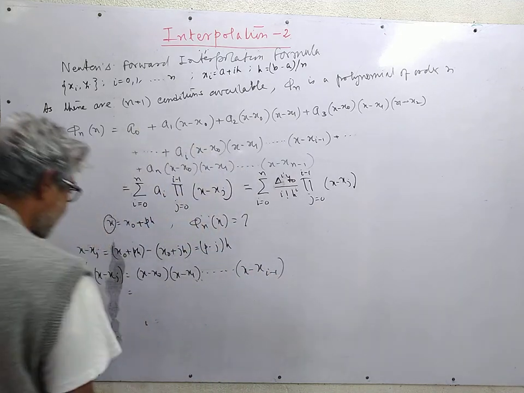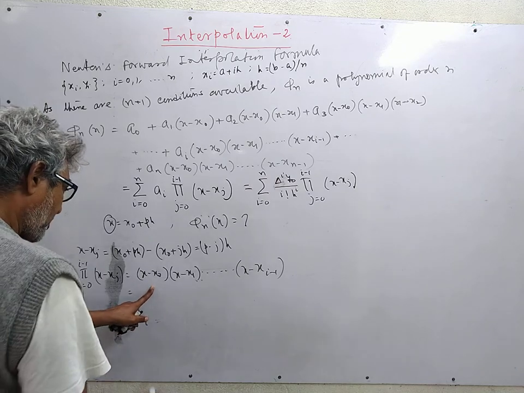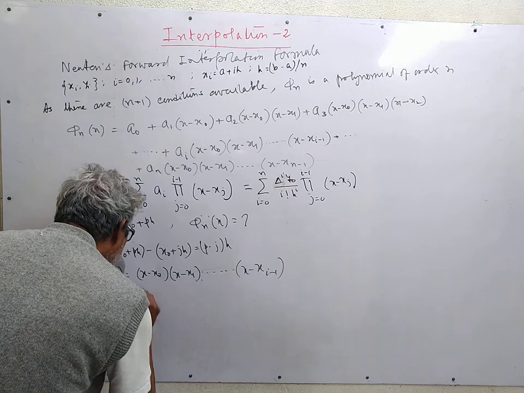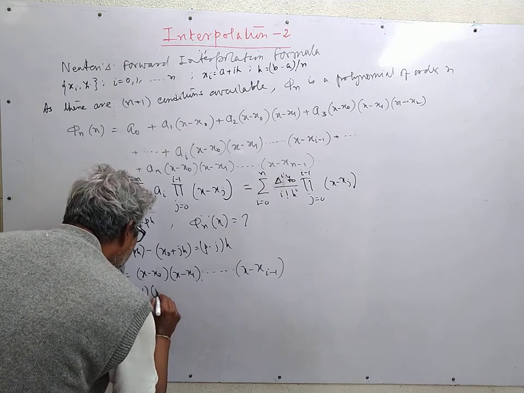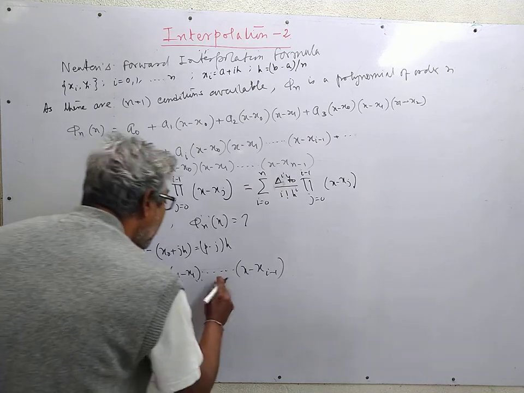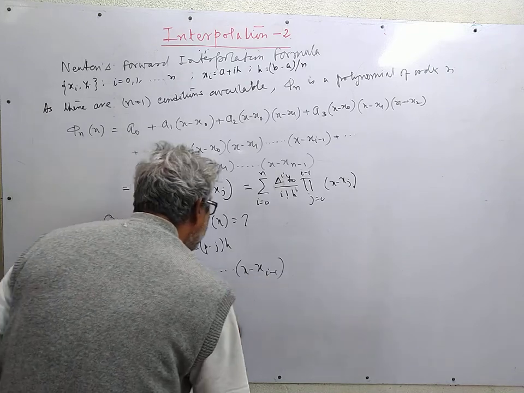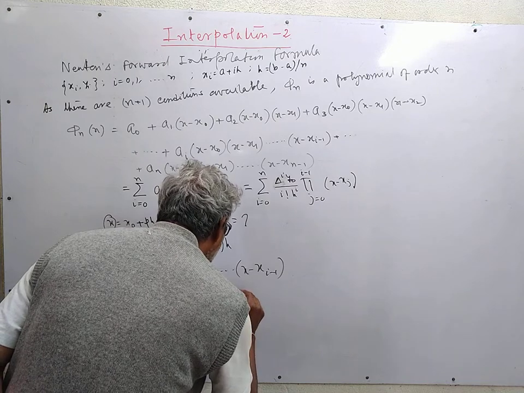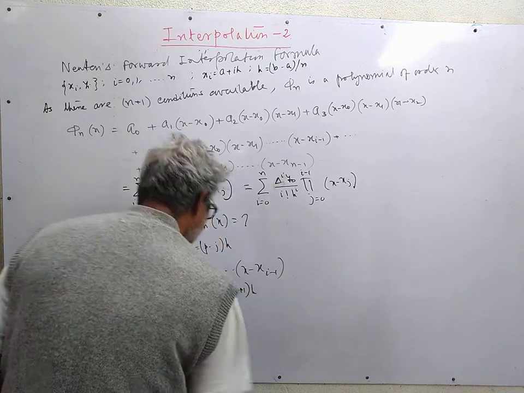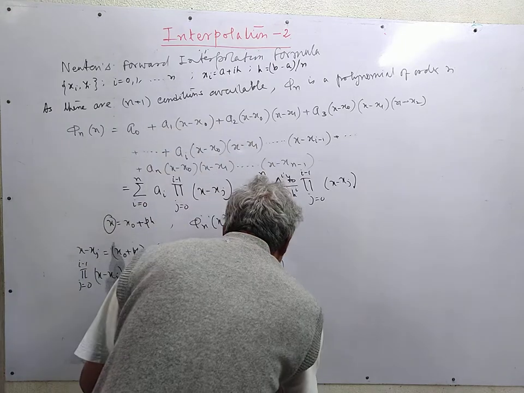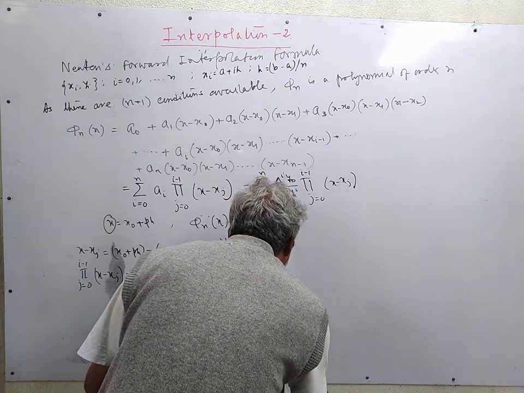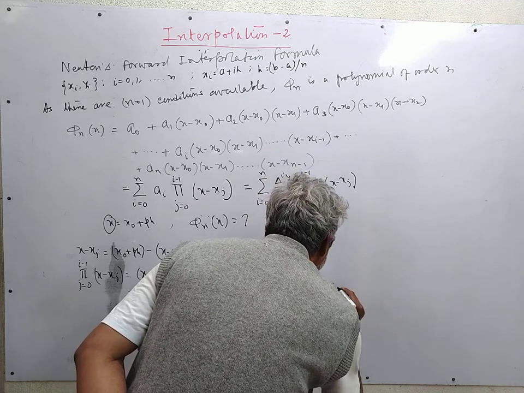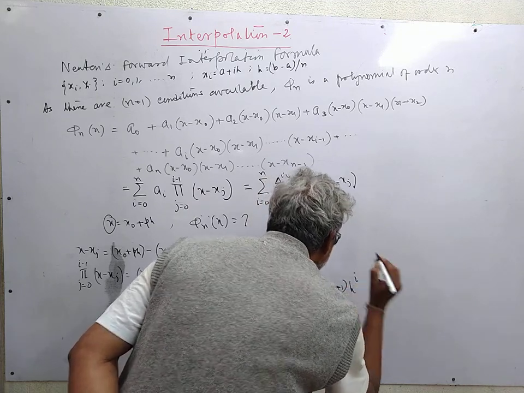For x minus x0, this is p into h. For this term, it is p minus 1 into h, and so on and so forth. Ultimately, for this term, p minus i plus 1 h. So this can be written as p, p minus 1, right up to p minus i plus 1, times h to the power i.